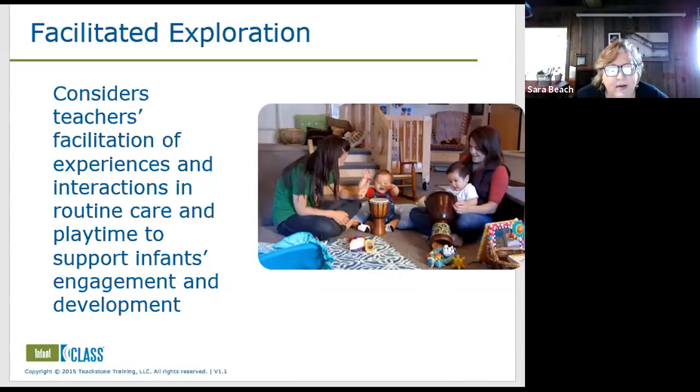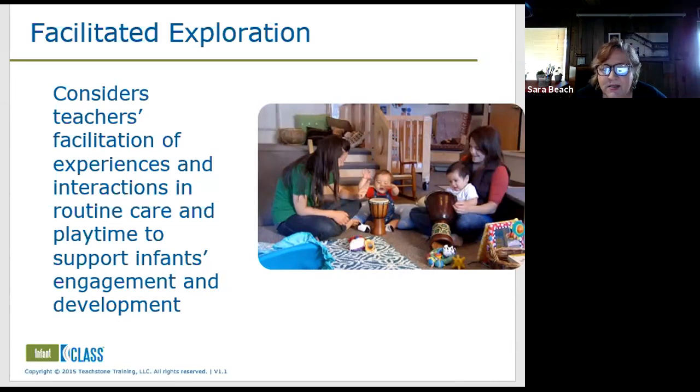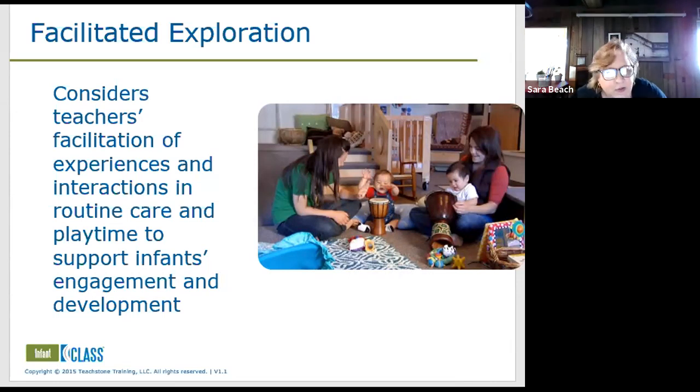Teachers provide effective facilitated exploration when they're involved with babies on the floor, when they're involved in babies' experiences, they're infant focused, and they're providing opportunities for the babies to safely explore and learn from their environment.